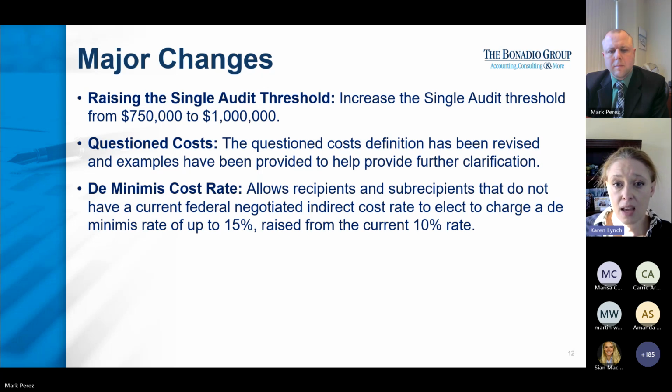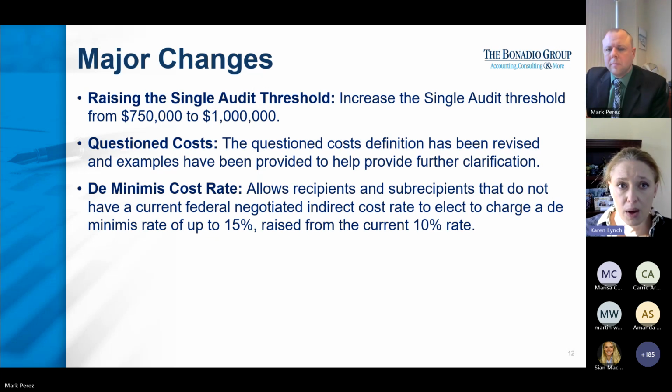Questioned costs, again, as Mark mentioned, QC is the shorthand term for this. And those were findings that we had reported as auditors in the past related to compliance. Those have been clarified. And then the other big change here is this de minimis cost rate. So you'll recall, again, as Mark mentioned, back in 2014, when there were the last round of significant changes, this de minimis cost rate came into play.